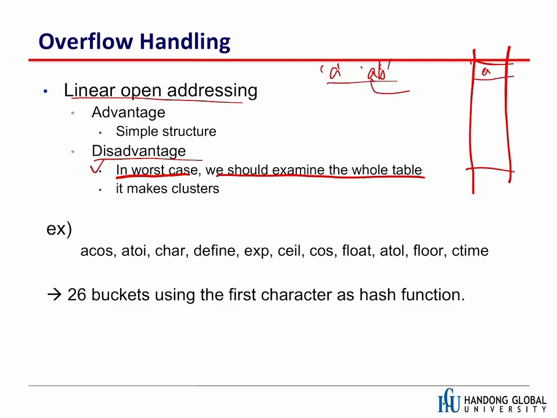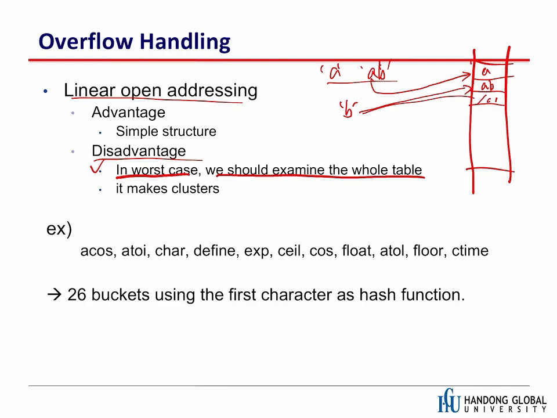The hash function says it should go to the first bucket, but the first bucket is full, so AB checks the next bucket. The next bucket is empty, so AB goes here. And then the next one is B. Where should it go? B checks this one, and B should go to the next one.